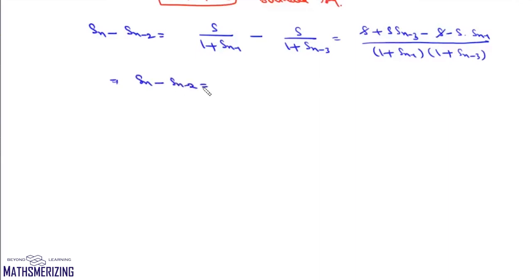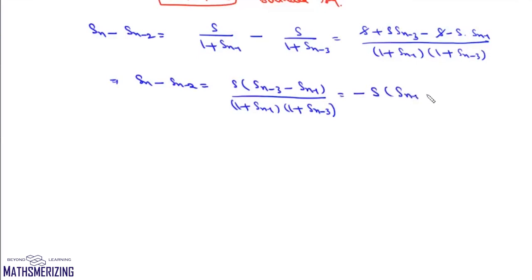So we can write S_n minus S_{n-2} will be equal to s into S_{n-3} minus S_{n-1} upon 1 plus S_{n-1} into 1 plus S_{n-3}. Now we can write this as minus s and then S_{n-1} minus S_{n-3} upon 1 plus S_{n-1}, 1 plus S_{n-3}.